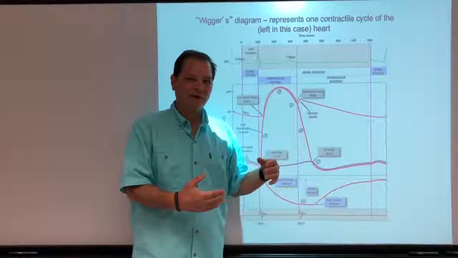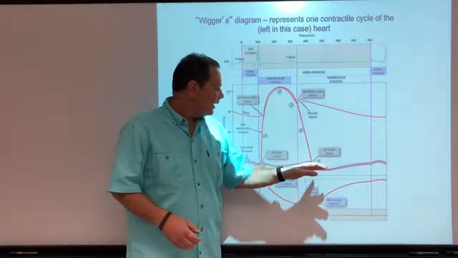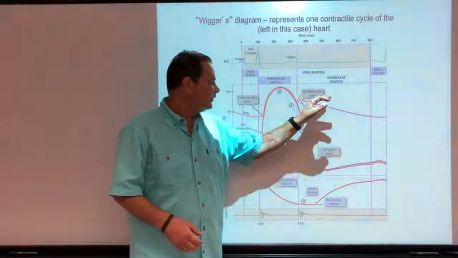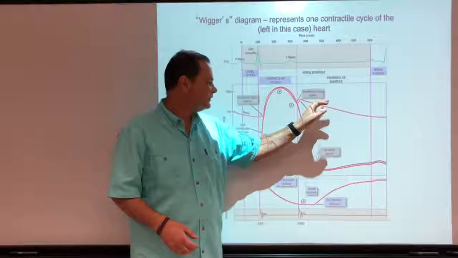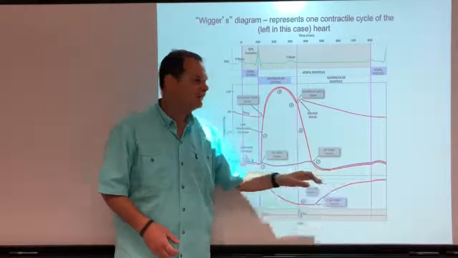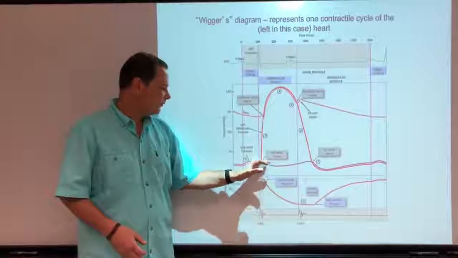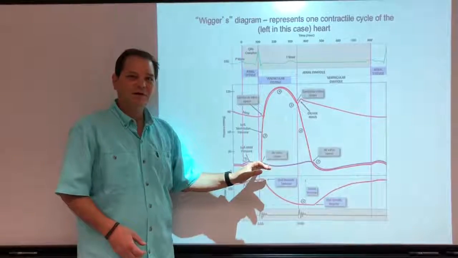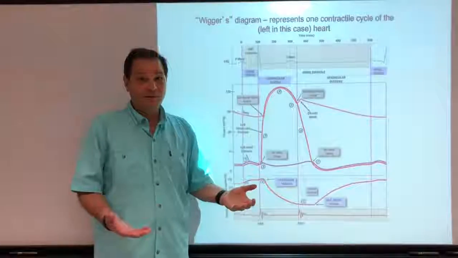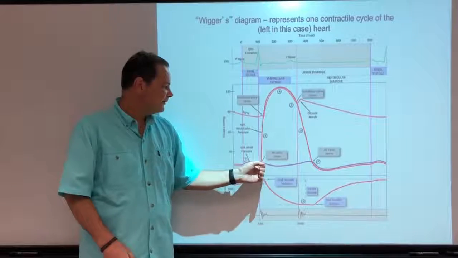It's prevented by the valve. So you're looking for aortic insufficiency or mitral stenosis during diastole. You're looking for aortic stenosis or mitral insufficiency during systole. And in this case, mitral insufficiency was the only one.